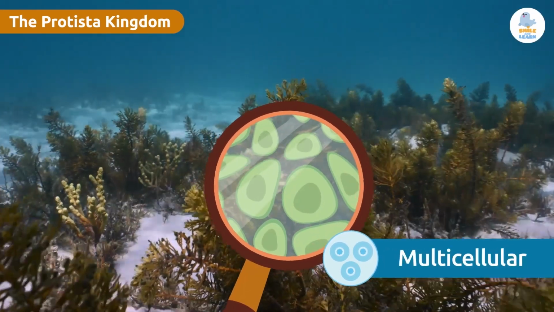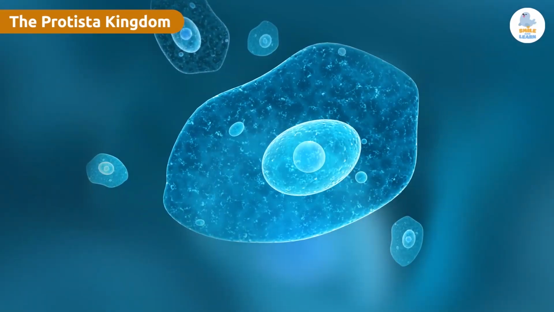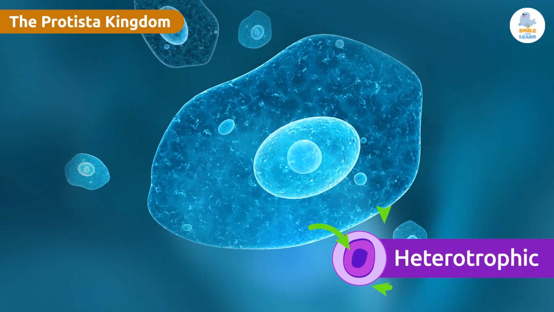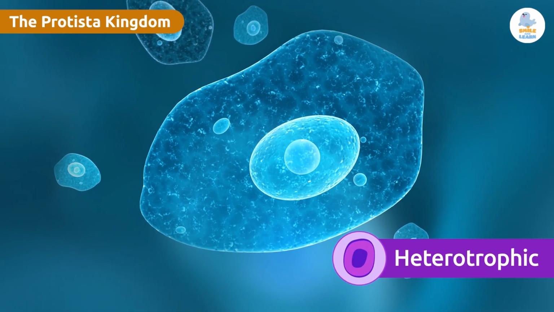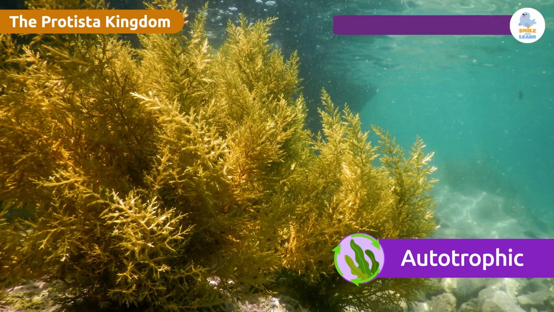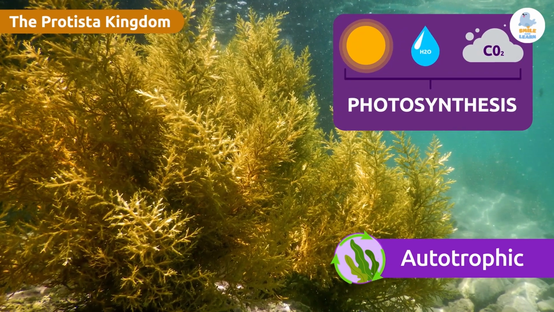Both types are only visible through a microscope. In this kingdom, we can find heterotrophic beings, like amoeba, that eat other organisms, and also autotrophs, such as algae, that make their own food using photosynthesis.